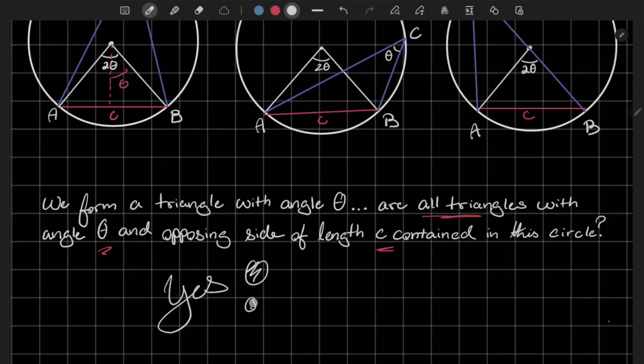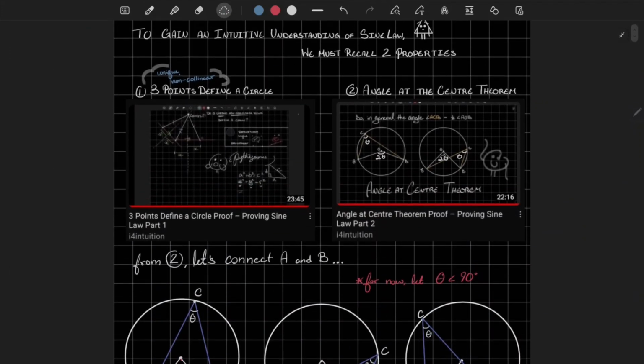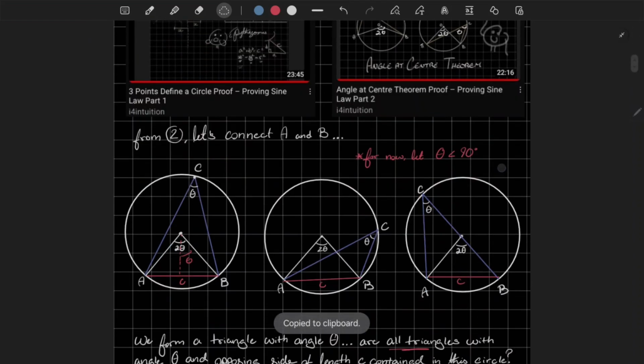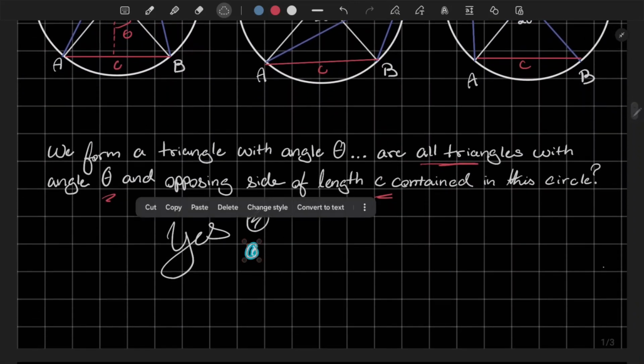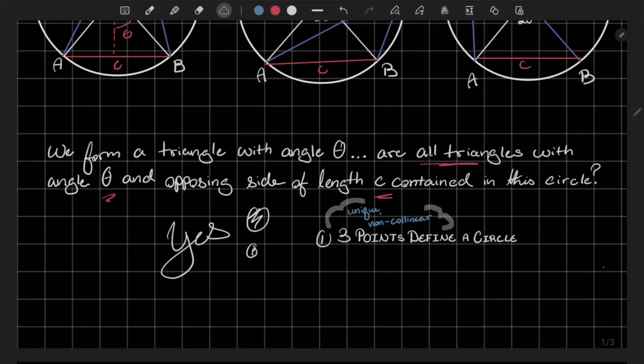And why is that? Well, that's gonna go back to our first property here. 3 unique non-collinear points define a circle. Because 3 unique non-collinear points also define a triangle. So from here, we get a circle and we get a triangle.